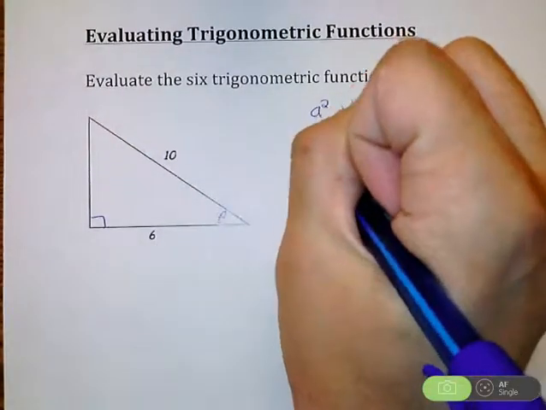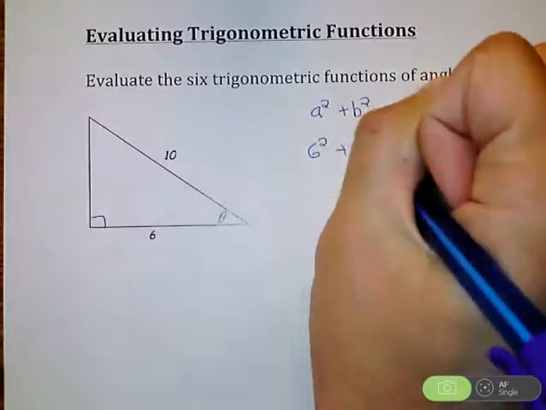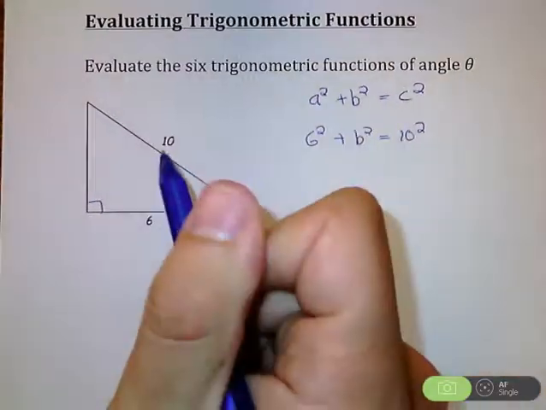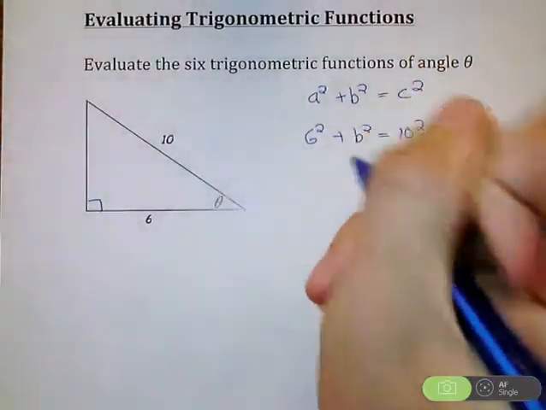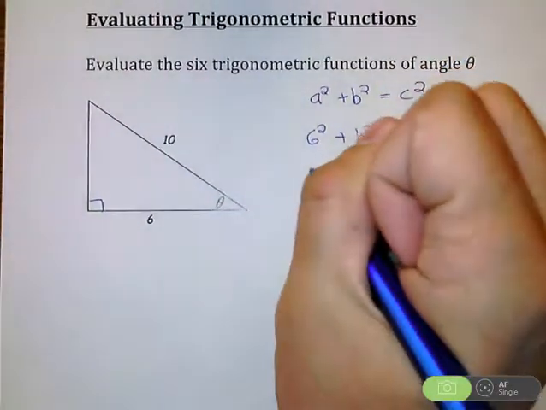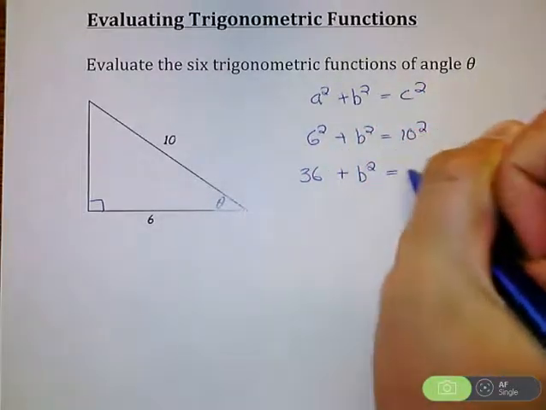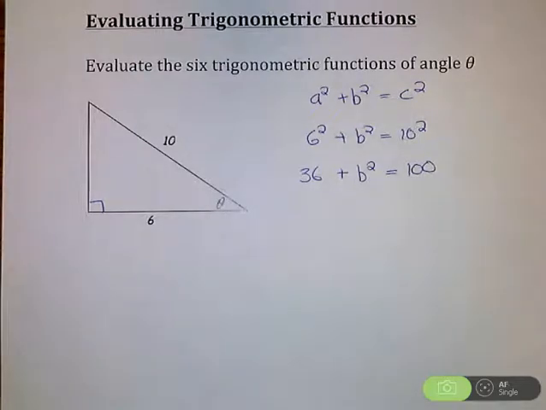So really we have 6 squared plus b squared equals 10 squared. And we're going to solve this for b so we can find our missing side. So 6 squared is 36 plus b squared equals 100 when you square 10.